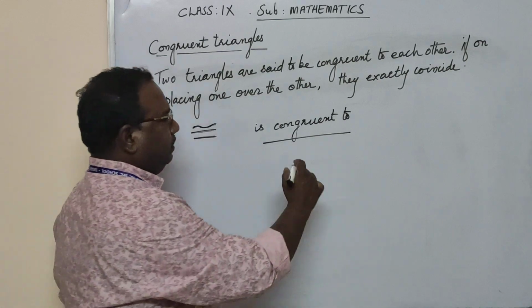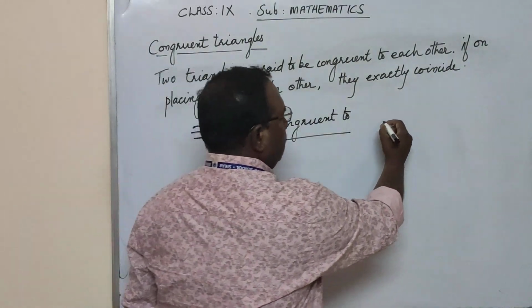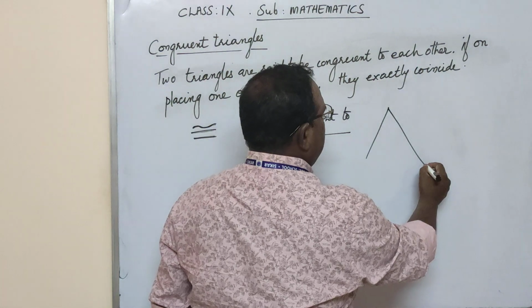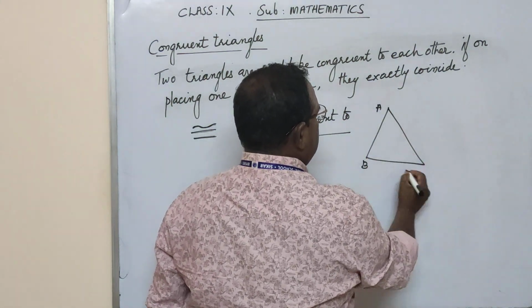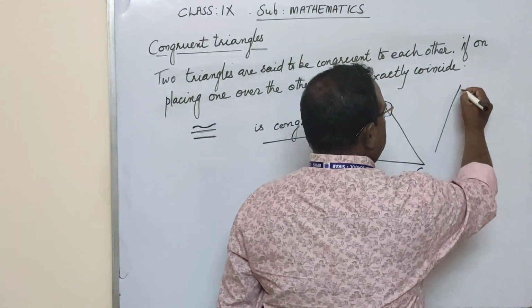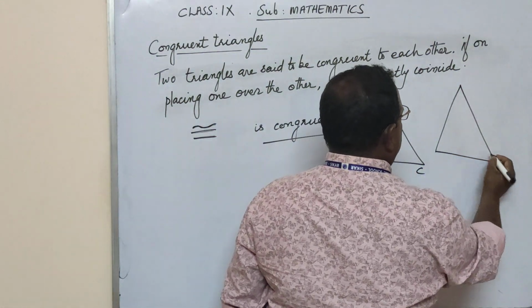Now look at the board. One triangle ABC, another triangle PQR.